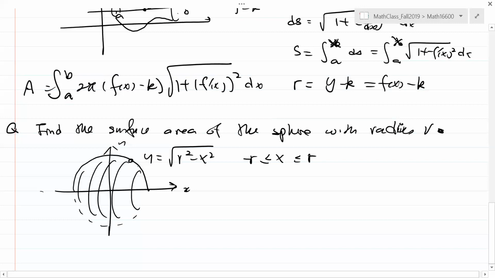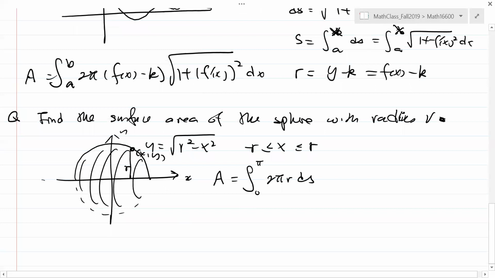This is an arbitrary point x and y on the semicircle, so y depends on x. This is radius r. So the surface area is going to be an integral, 2 pi r ds first. You write that down, okay? s is from 0 to, actually the length is pi on the top. You use arc length. For the semicircle, the length is pi.